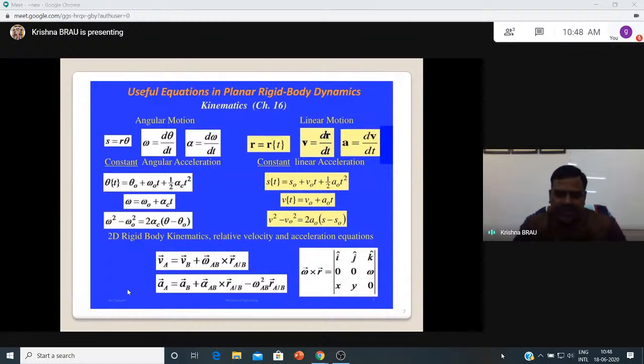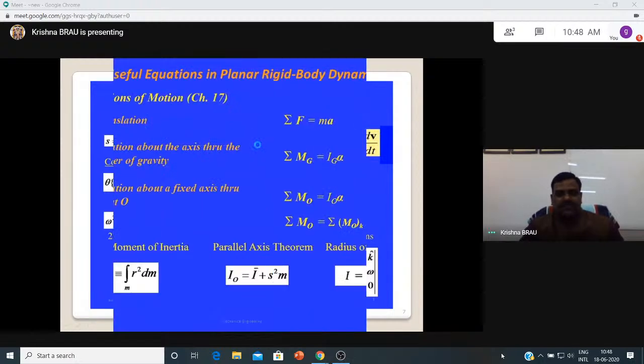So this is the kinematics part: linear velocities and angular velocities regarding translation degree of freedom and rotational degree of freedom, with scalar representation and vector representation of velocities and acceleration. Because in a vector we will consider cross product, omega cross r, relative velocity. That is how we will consider the kinematic analysis.